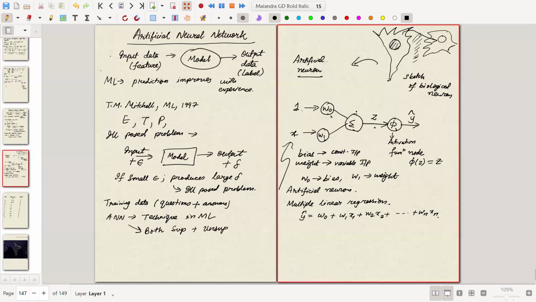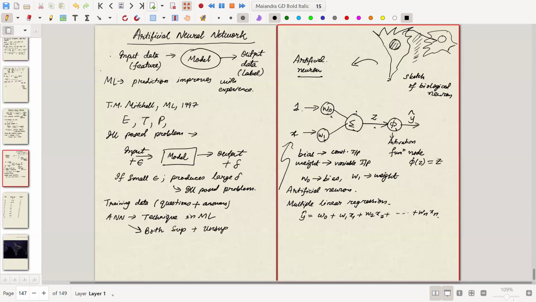So now can you see how this diagram will change? Now you have more weights: W0, W1, W2, and similarly x1, x2. So it will look something like this. You can see now that the xi's have increased and the w's have increased.